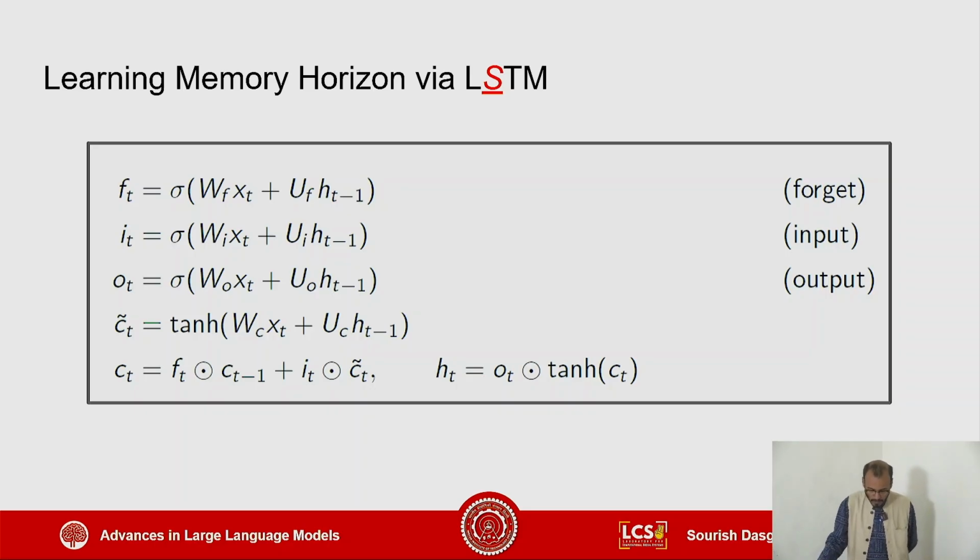subsequence. Okay, so I hope that this is a familiar set of equations. I'm not going to go into the details of that, but this is extremely important to keep in mind, because Transformers took a lot of inspiration from LSTM.